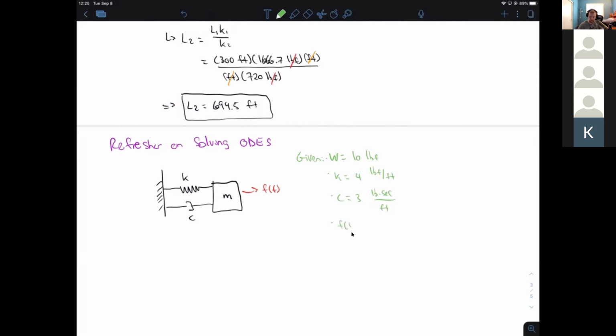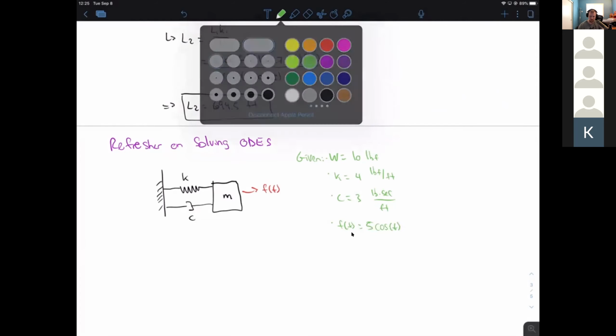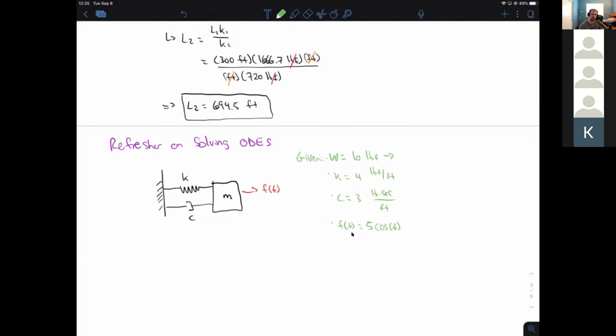Our external excitation is going to be some cosine function: 5 times cosine of t. Just so we can get this out of the way, I'm going to convert weight to mass. Remember, mass is just weight divided by gravity. So mass equals 0.31 slugs.